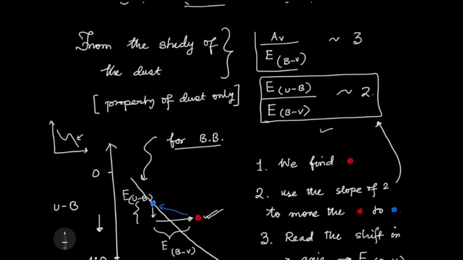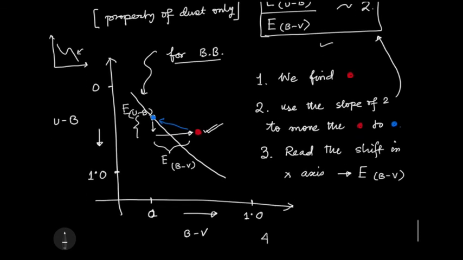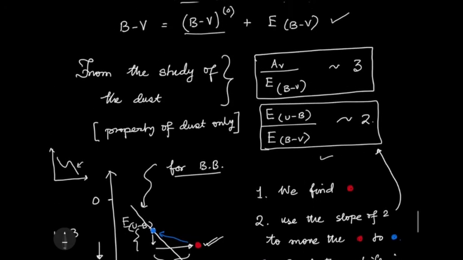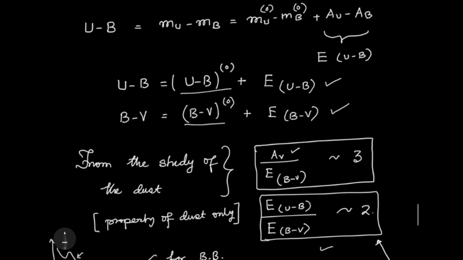Now I also know this: A V is then 3 times E B minus V. So I get the extinction in the visible band for the star.